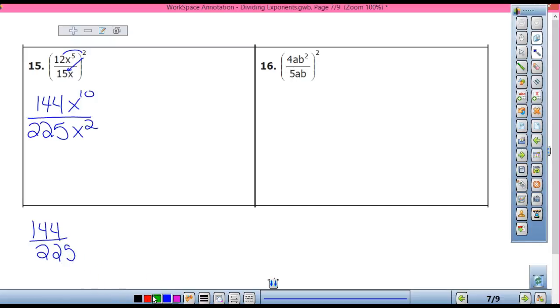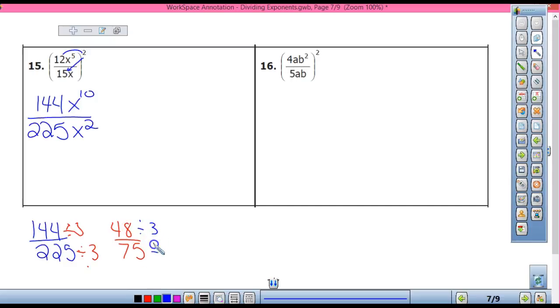Divide by 3. I get 48 over 75. Can I do that one again? What can I do?